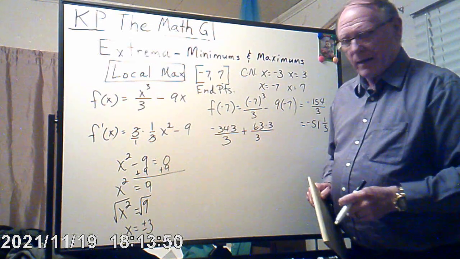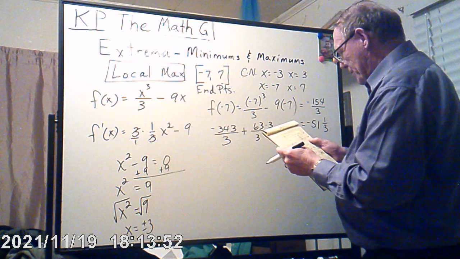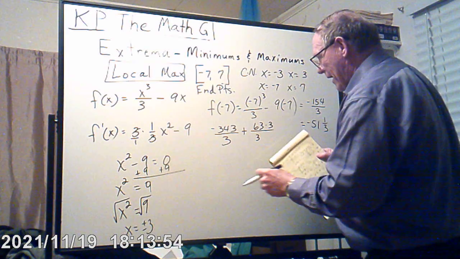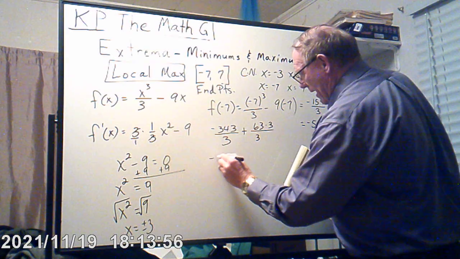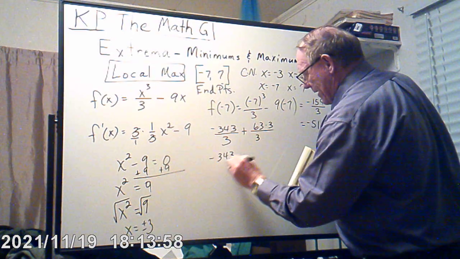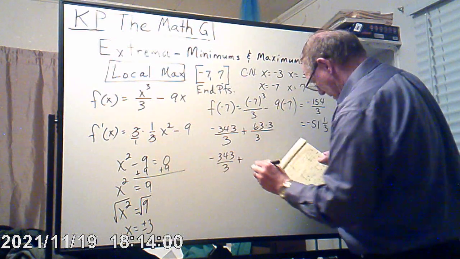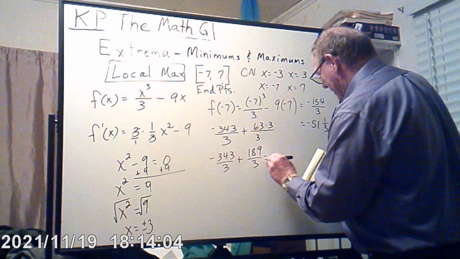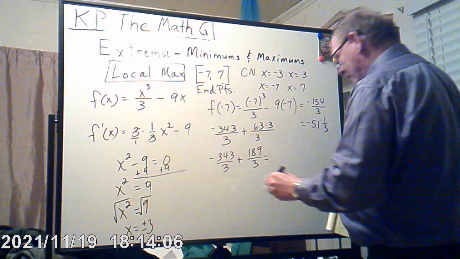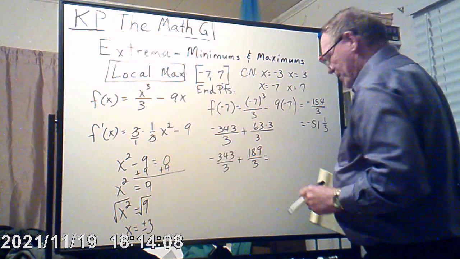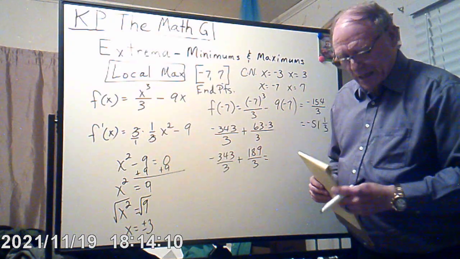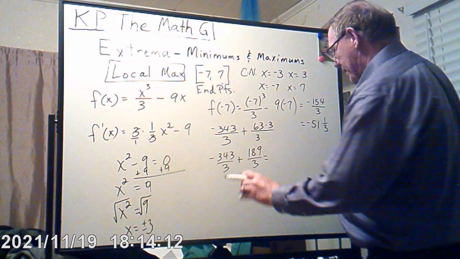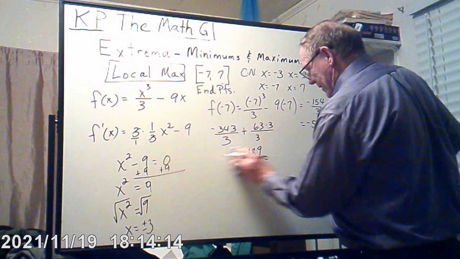When you do that, you get -343 over 3 plus 189 over 3, and that's where the -154 over 3 comes from. So -51 and 1/3.